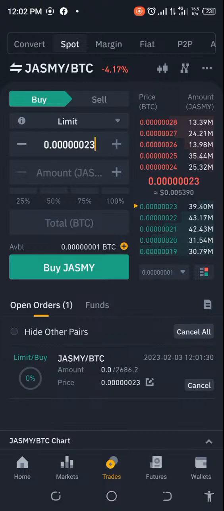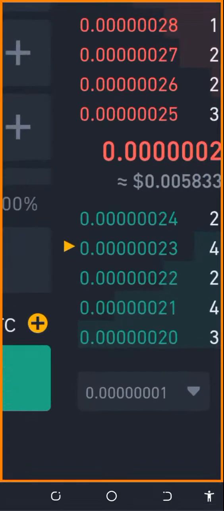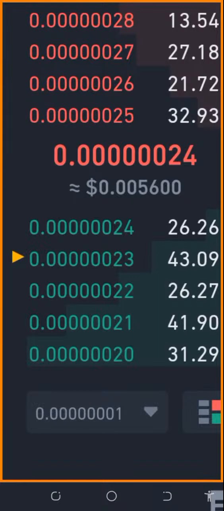See you soon. Okay, so I'm back. Now we've waited long hours and we're seeing that we've not been able to buy Jasmine with BTC. The price has actually been updated, as you can see here: the arrow is on 0.0023, and the market price that it has been on for a while is 0.000024.